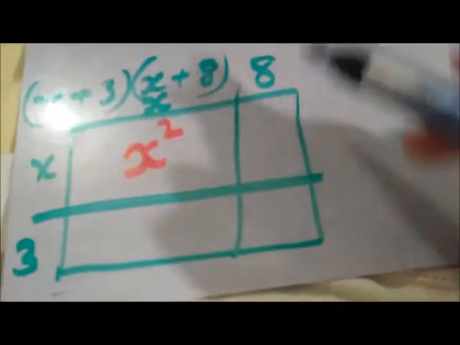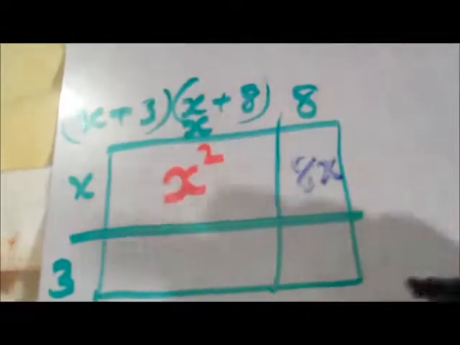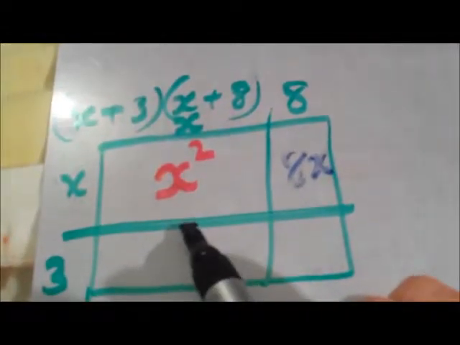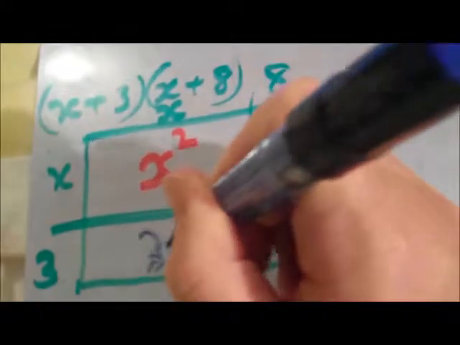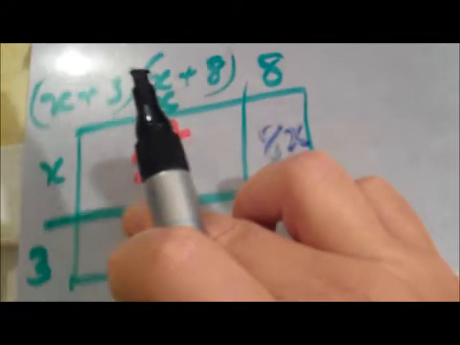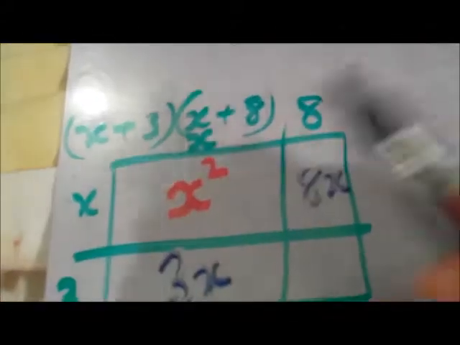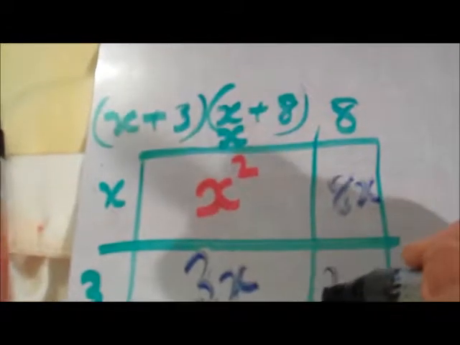In this box I've got 8x, because I've got x times 8, which we write as 8x. In this box I've got 3 times x, which we write as 3x. And here I've got 3 ones times 8 ones is 24.